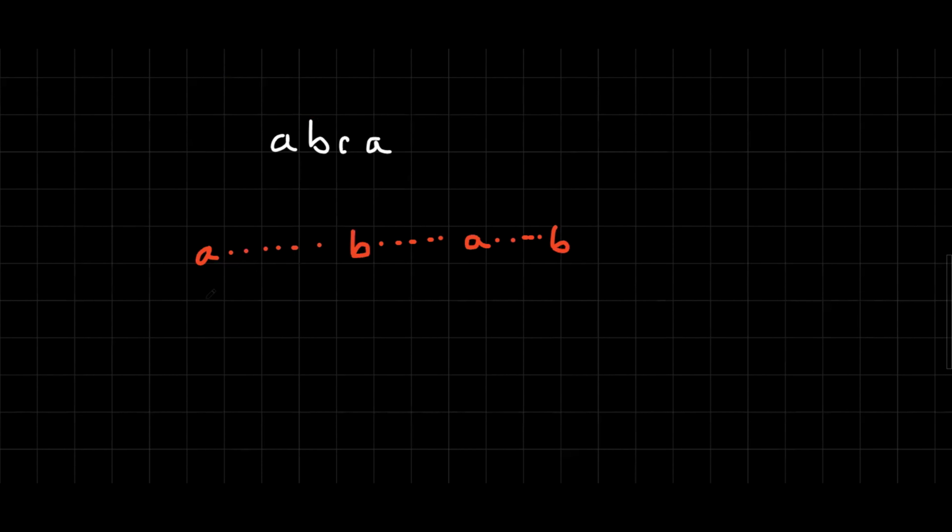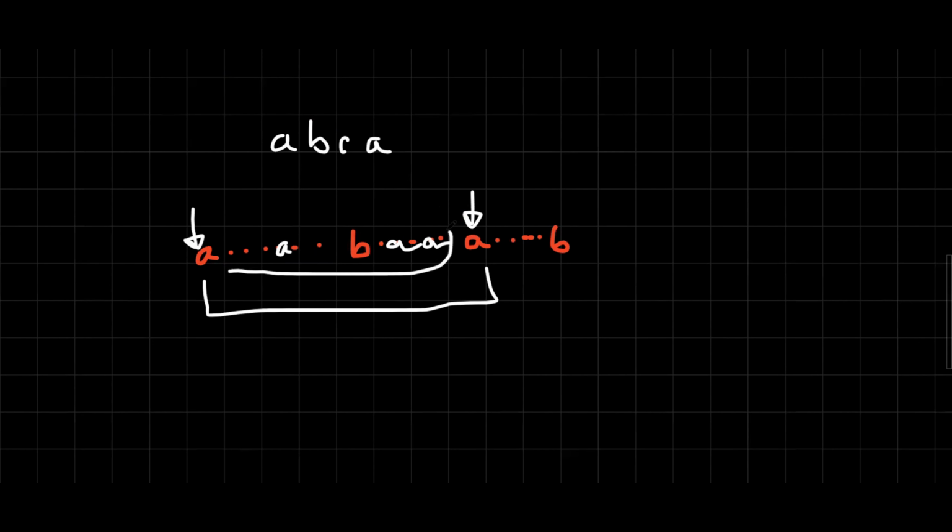Suppose I take this substring, starting and ending with A. There may be lots of A's in between. But if we want to maximize the length of the substring, we have to always take the first occurrence of A and the last occurrence of A. And we have to calculate the remaining elements, which is the portion between these two A's.